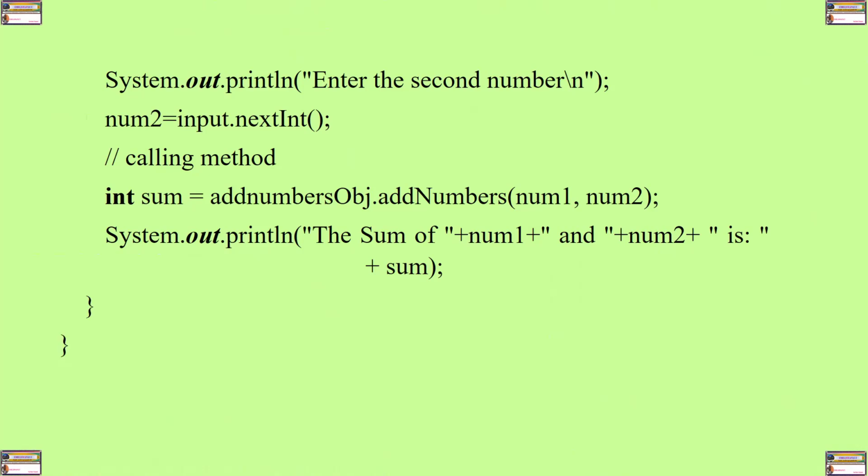And that will be the end of that program. So if the value of num1 is 5 and the value of num2 is 6, then this statement will display the following: the sum of 5 and 6 is 11, meaning 11 is the value which has been returned by the method called addNumbers. And that value 11 is what has been stored in the memory location called sum.